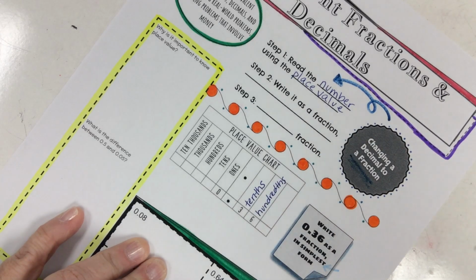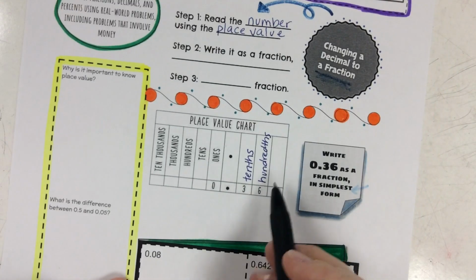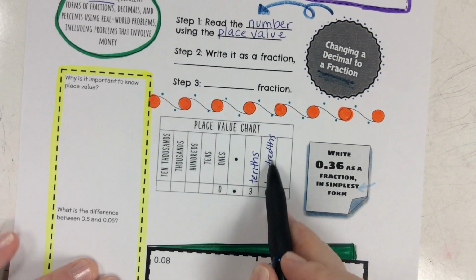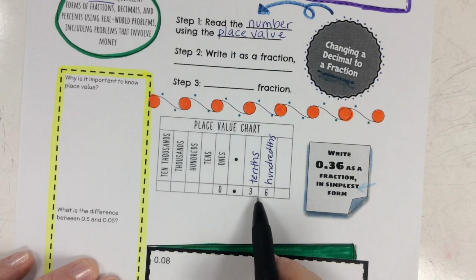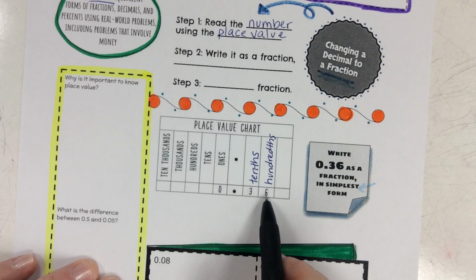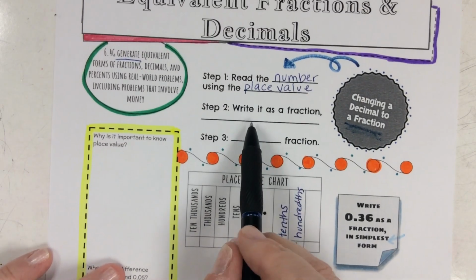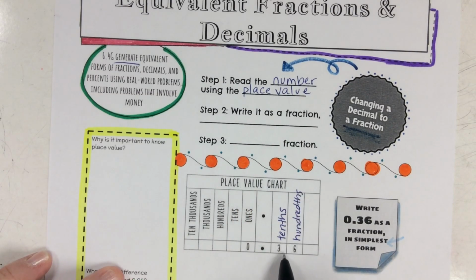So what we're looking at right here is I look at the last place that I have a number, and that place right there tells me what this place value is going to be. So this would say 36 hundredths. Okay, so 36 hundredths. So we read it using place value. This 0.36 says 36 hundredths.